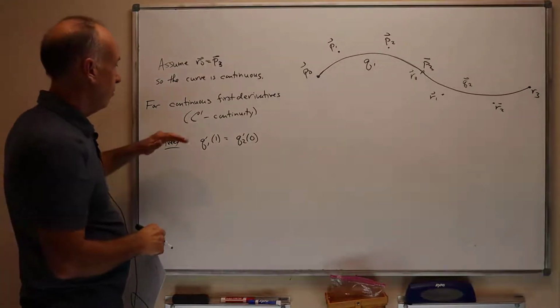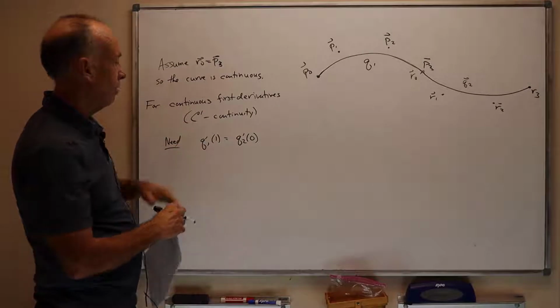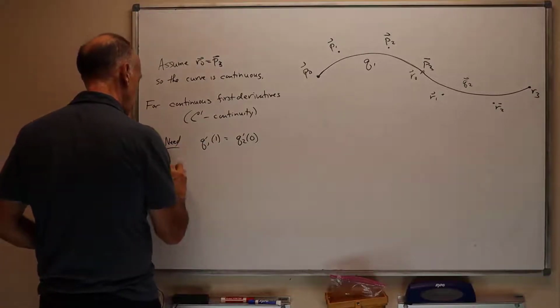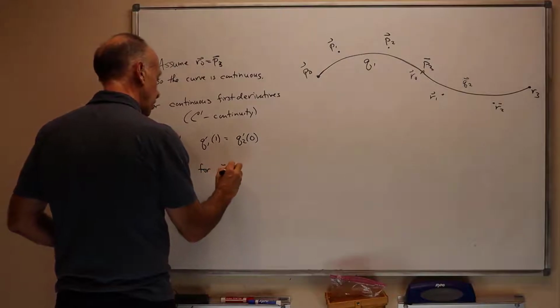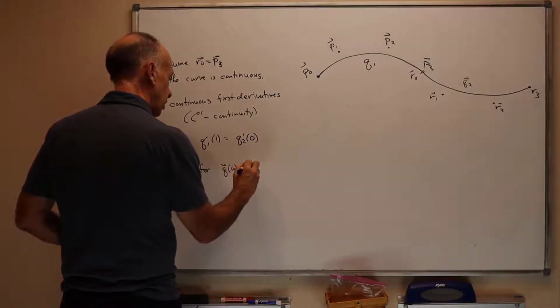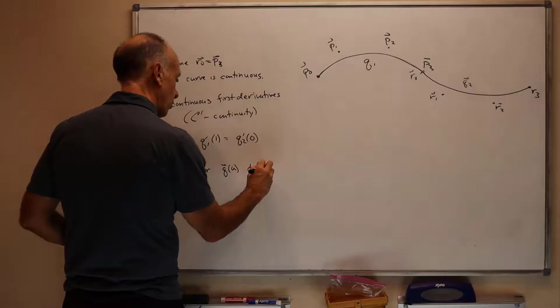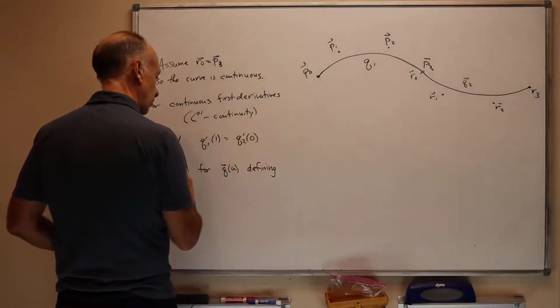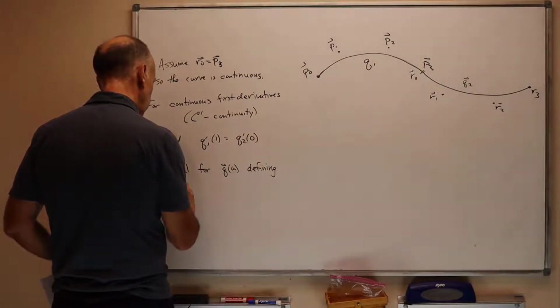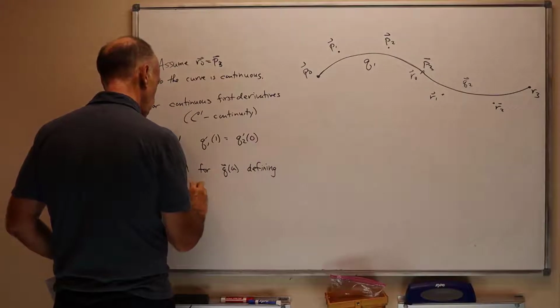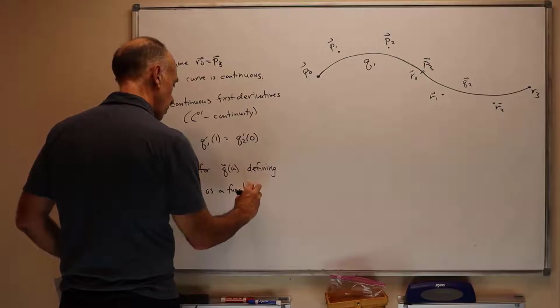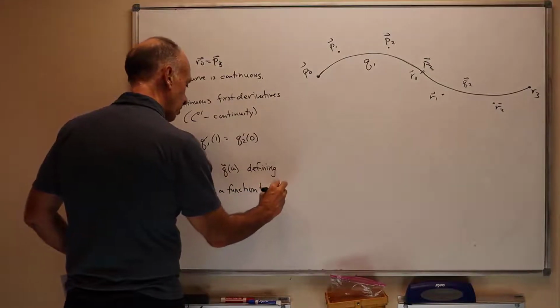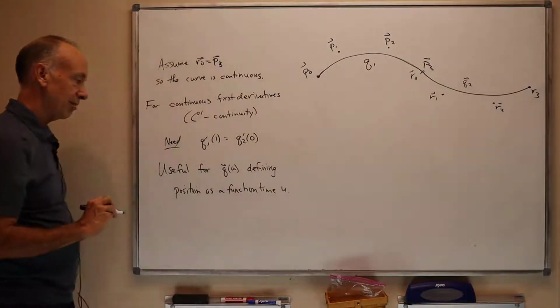What this means with C1 continuity is, I should say, let's think of U as being time. This is useful for Q of U defining some position or some other aspect of motion as a function of time, with U representing the passage of time.